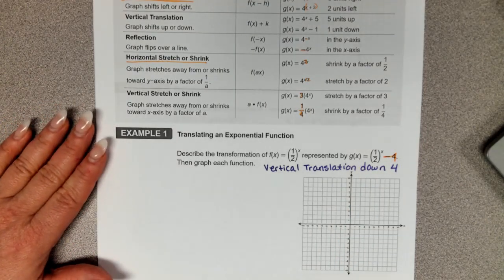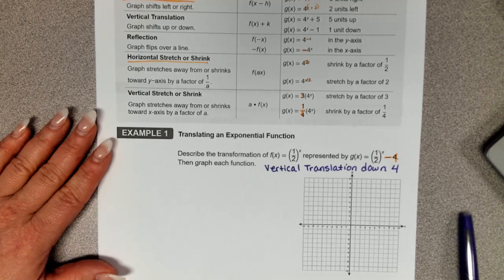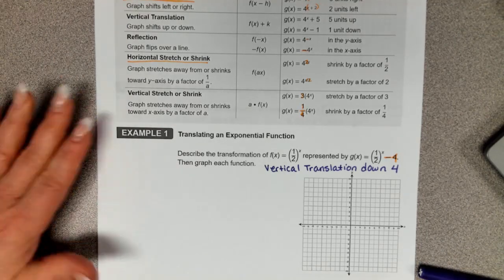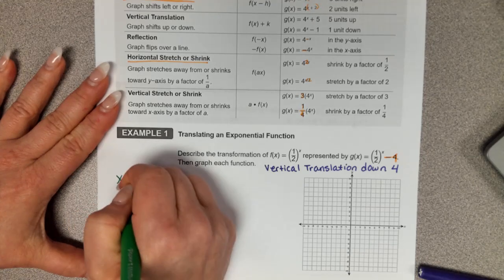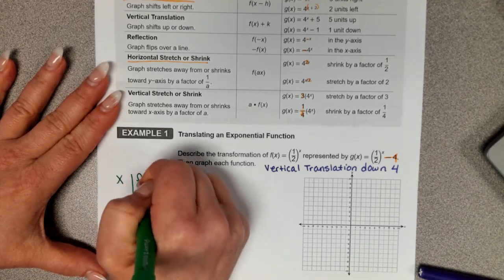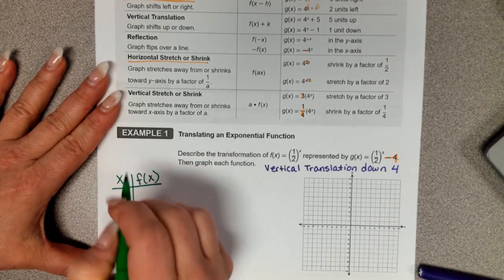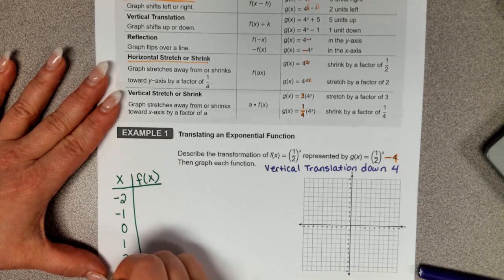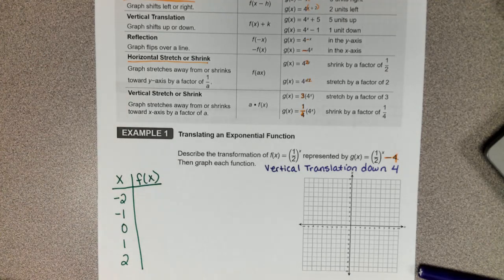Okay, now to make this graph, what I'm going to do is graph the original, and then I will graph the new one. So I need a table for the original function, f of x, and I'm going to need a few negatives and a few positives for my x values for my input.